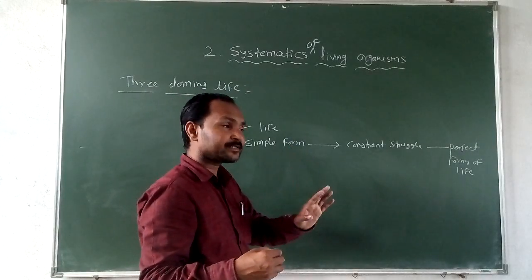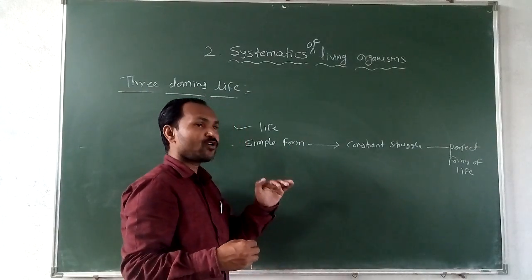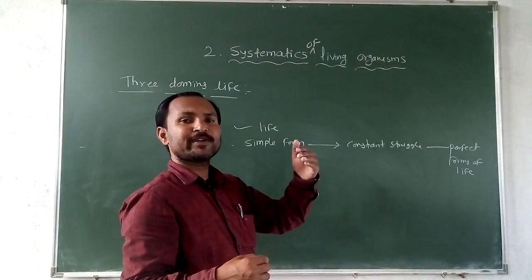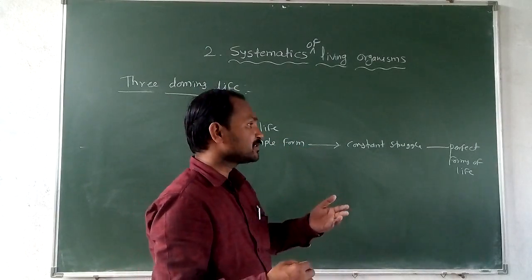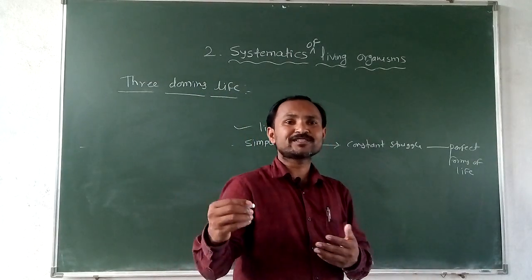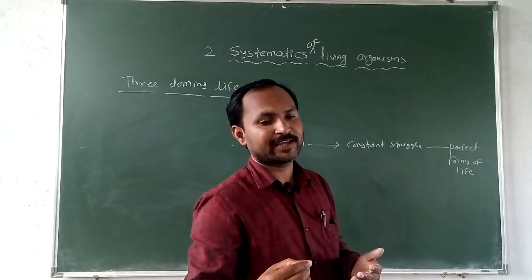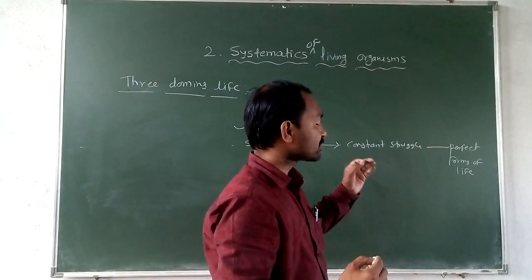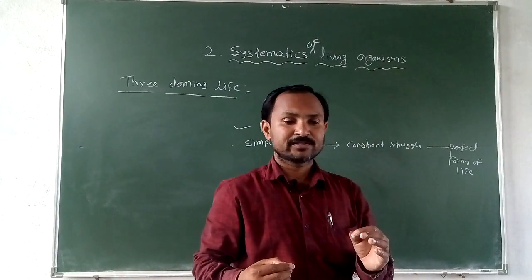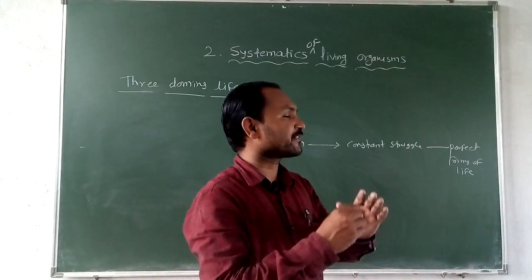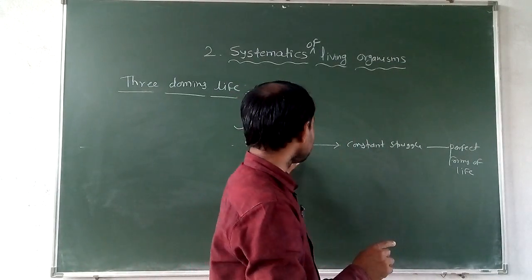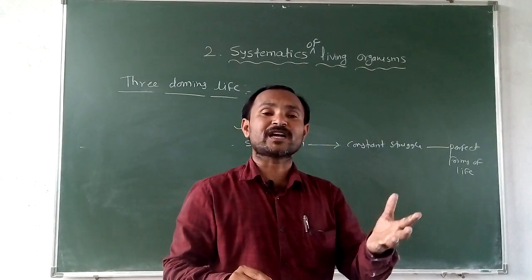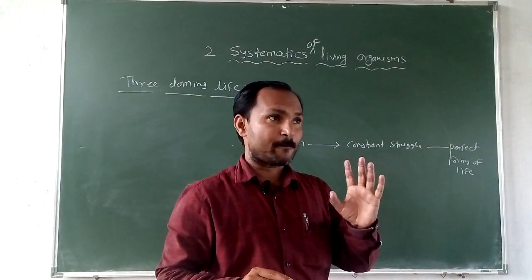But after that, that simple form of life struggled constantly with the environment. After struggling, they moved towards perfection of life. So finally, through struggle and progress, there was evolution of diverse life forms. The simple life became diverse forms of life, but how?